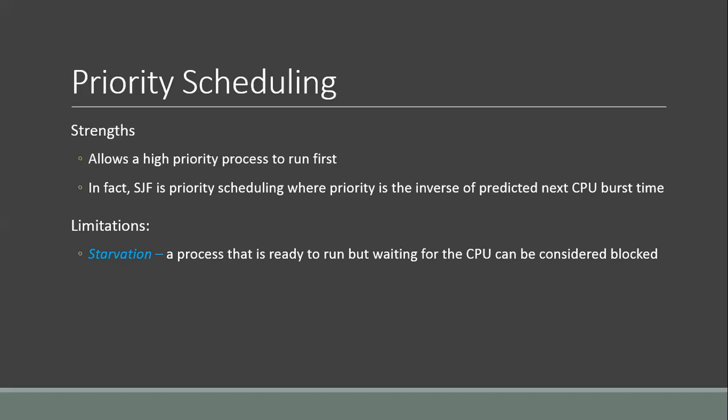The major limitation of priority scheduling is starvation. Starvation, or indefinite blocking, is a situation in which a process is ready to run but waiting for the CPU. This process can be considered blocked.